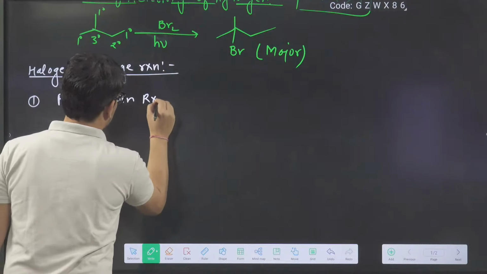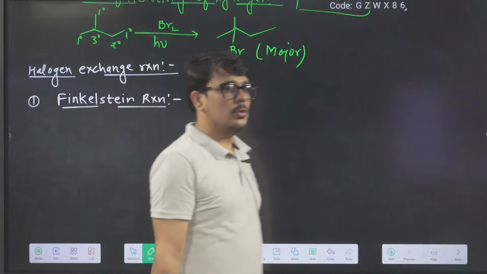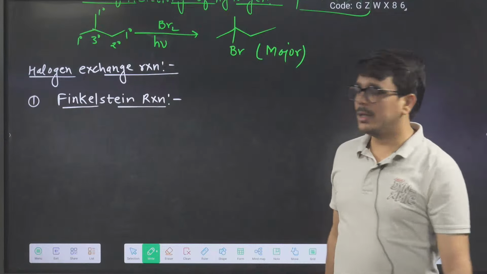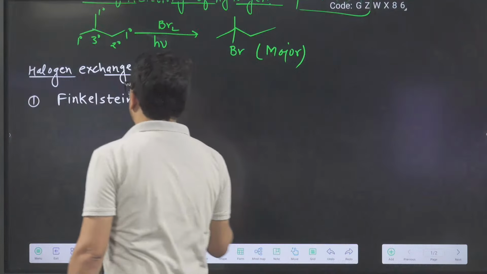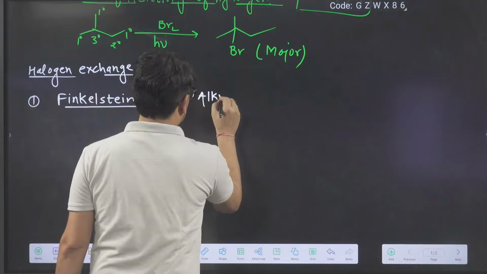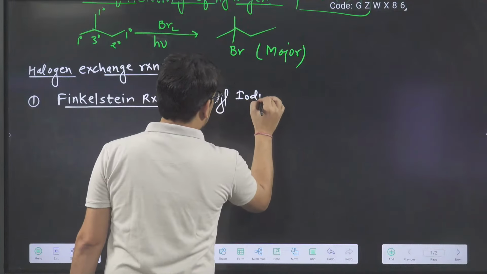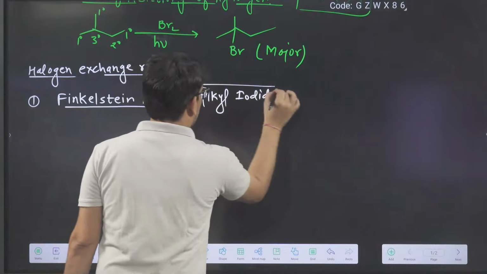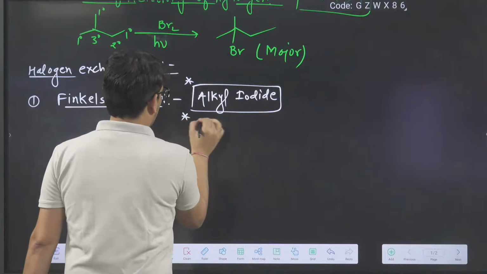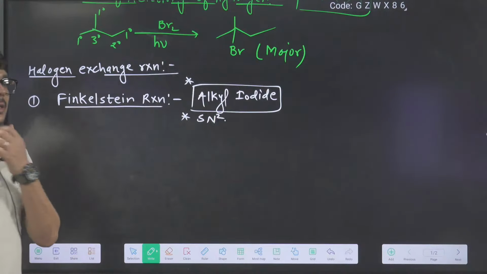The Finkelstein reaction is used for the preparation of alkyl iodide. It follows, in general, the SN2 mechanism.